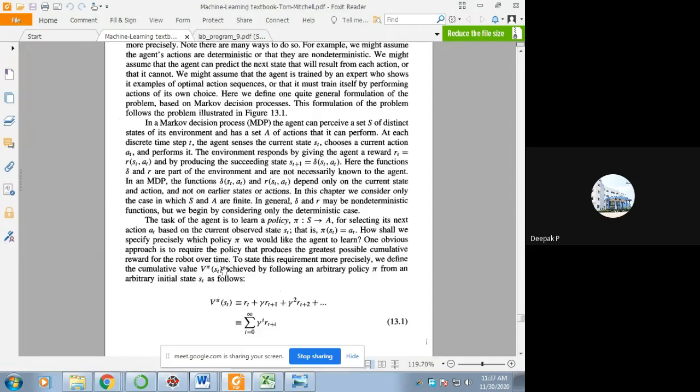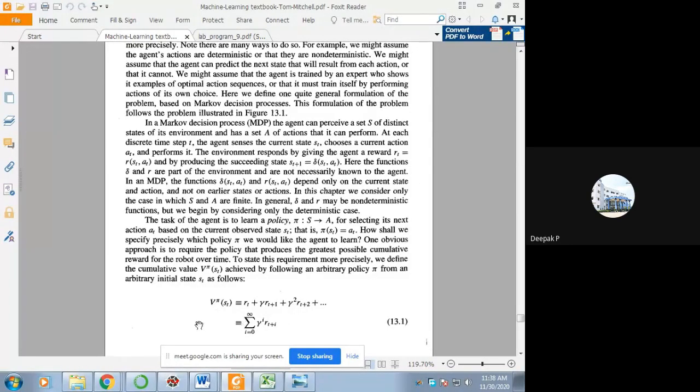V pi of the state s at discrete time step t is approximately equal to r t plus gamma r t plus 1, and so on. At time interval plus 1, plus time interval plus 2, the gamma value will be raised in the form of a power.